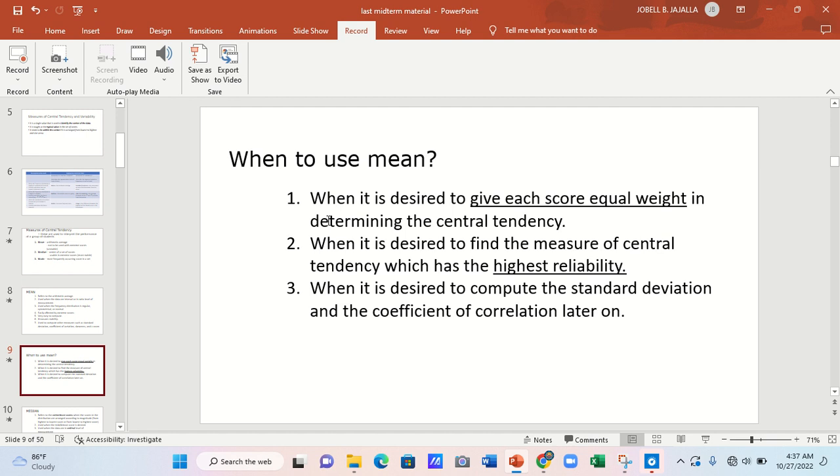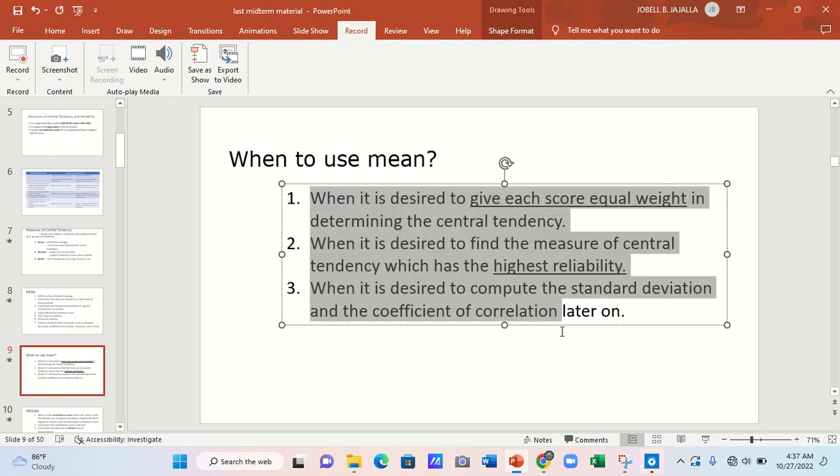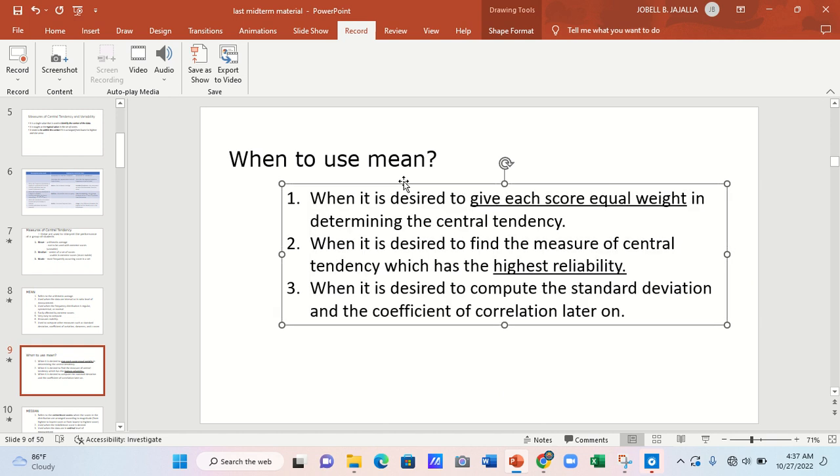So if these are the reasons or grounds for looking for a measure of central tendency, then what we use is certainly the mean. To give each score equal weight means that all the scores have equal weight.